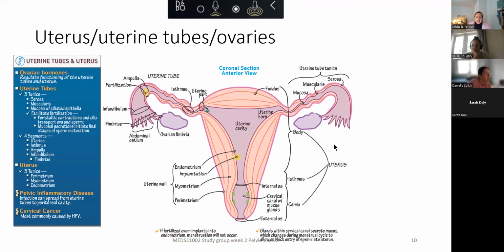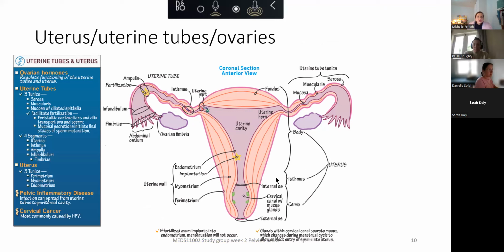In your drawer to know it, you have this sort of picture. Once again, it's got a lot of labels, but we will go through all of these things in this study group. You can see the fundus of the uterus, and the body of the uterus comes down in the region of the uterine cavity. Between the body and the cervix is an area called the isthmus.